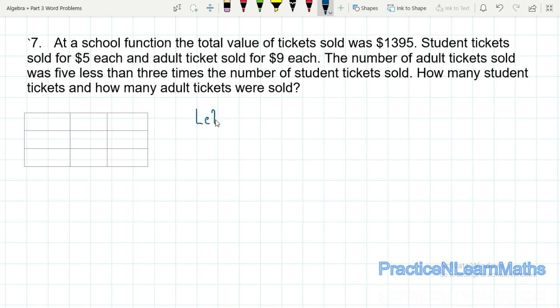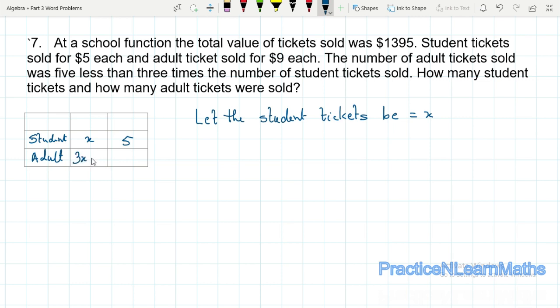So let the student tickets be equal to x number. So here if we write student and here if we write adult, it's x and this is $5, and the adult tickets sold was 5 less than 3 times the number of student tickets.